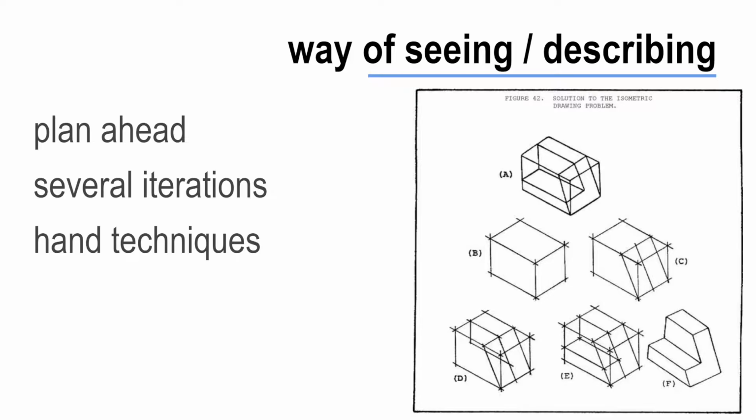I described the same method with the orthographics, where I start by saying what's my overall width, what's my overall height, and then carve my front face out of that. I'll do the same thing with a three-dimensional style drawing, where I make a big box that says what's my overall length or width, overall height, and overall depth, and I'll make a rectangular prism or a cube or a cylinder based off of those overall measurements, and then start to measure how far back a slanted face might go and then how far down, and cut that out.